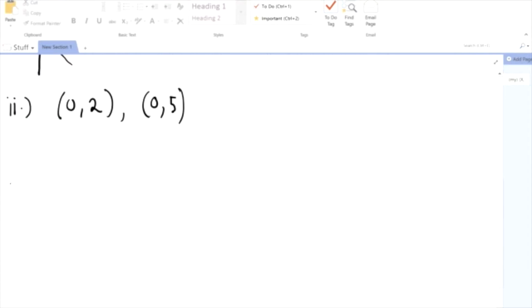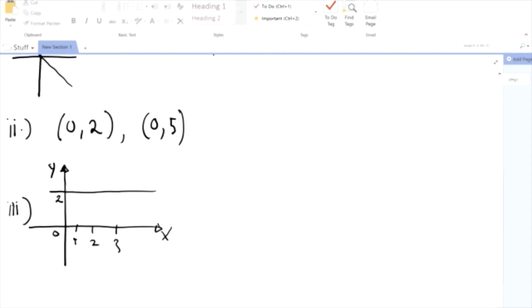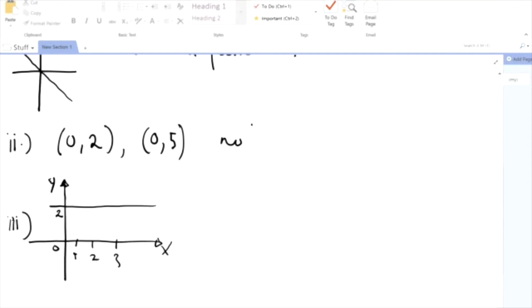And this, by the way, is a constant function, which looks like this. So this one is not a function, and this one is a function.